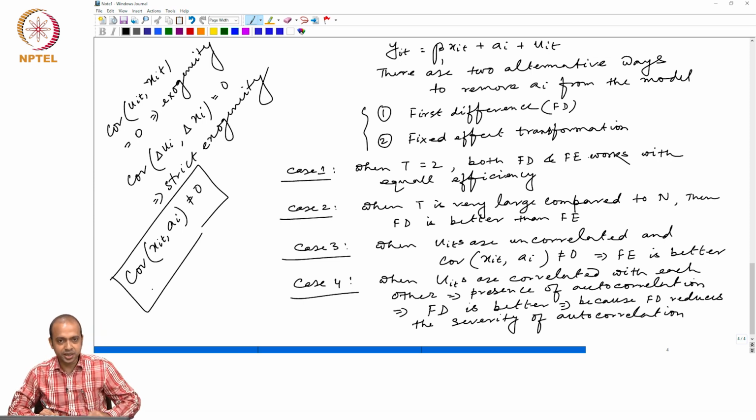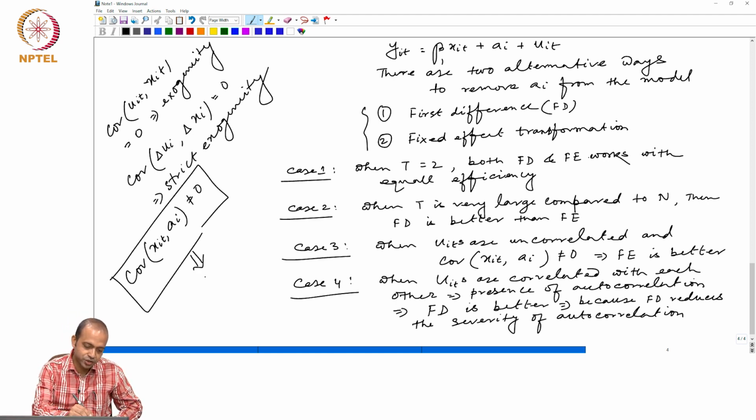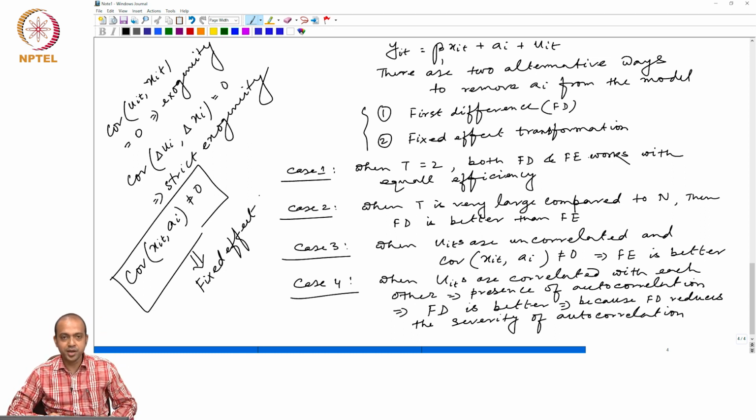When your unobserved effect is correlated with some of your explanatory variables, that is the idealistic situation for the fixed effect model to be employed, and we need to remove this AI from the model, because if you do not remove it, that will lead to the endogeneity problem.